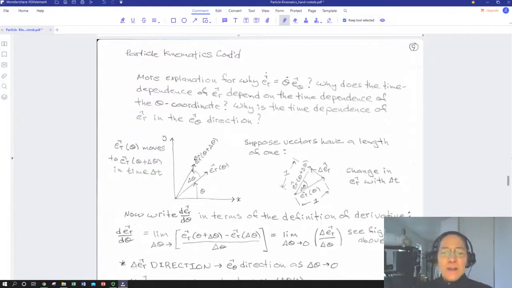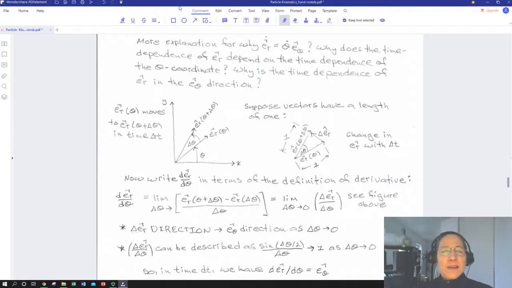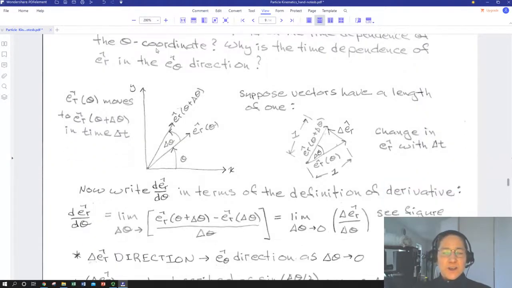And why is it going in that direction? I'm going to try to blow this up a little so we can see the geometry. We can make a little dt change in position. So we're not going to look at the k hat component. We're just going to look at the two r theta position components of motion.